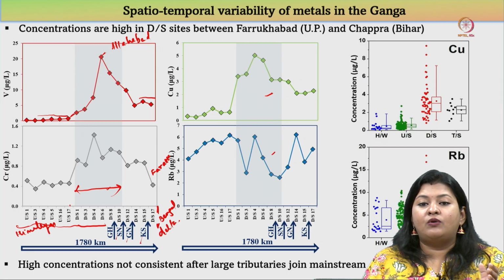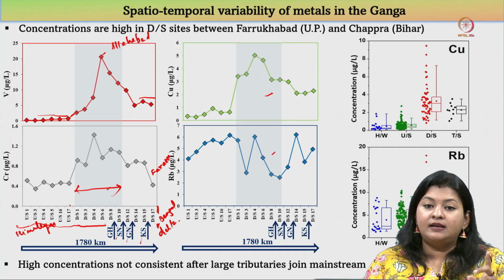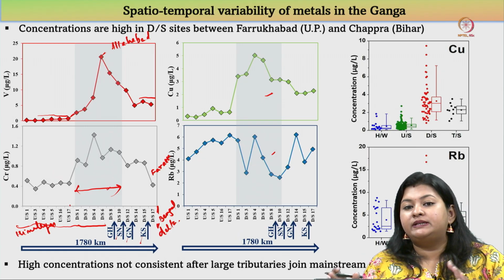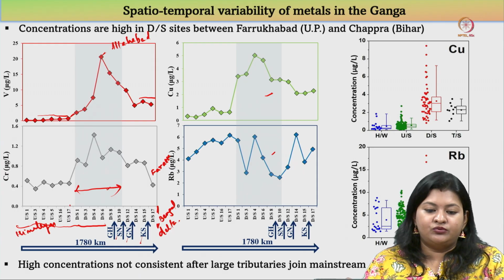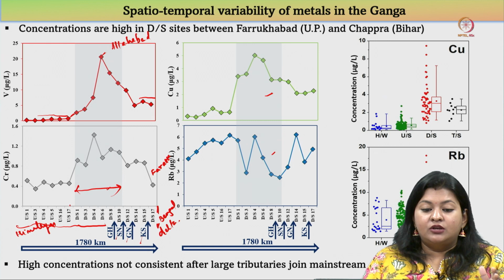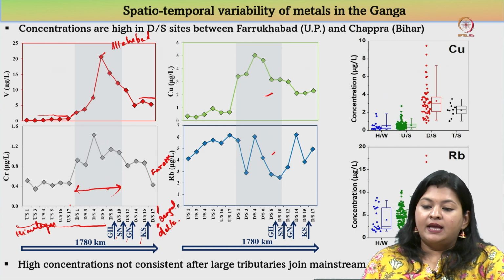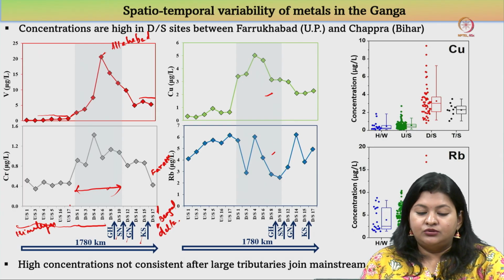This is more of a synoptic sampling, done only for 1 year for 3 seasons, but it was not repeated continuously. So, one pre-monsoon, one monsoon and one post-monsoon data, and that was averaged out. This is the kind of data set that we are looking at, and this is because it is a huge geographical area to cover.